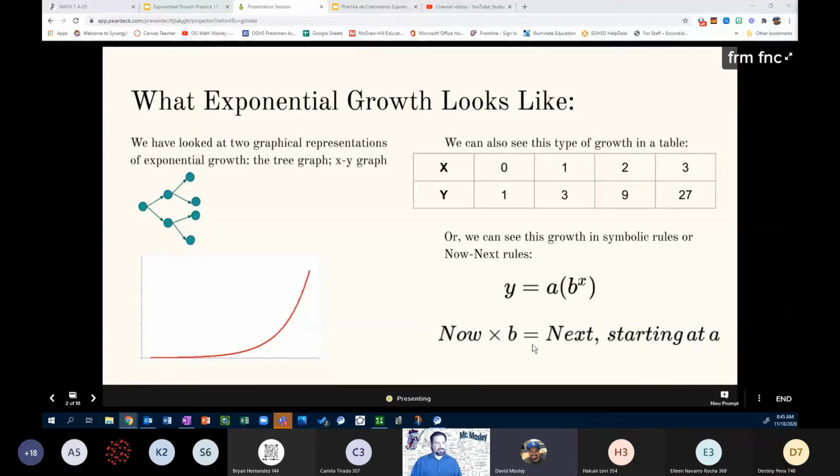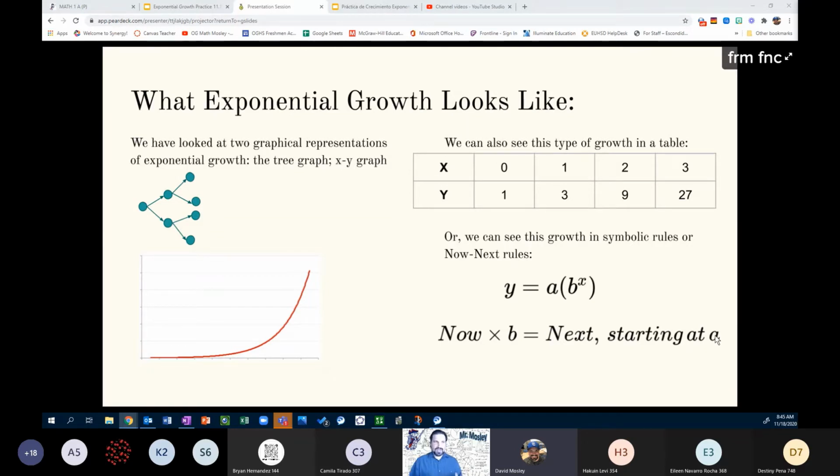I've used the same letters on purpose. B is our rate of change. A is the start value. It's the value of y when x equals 0.